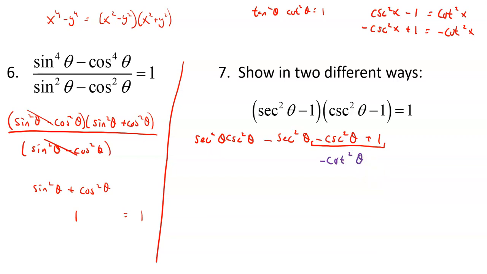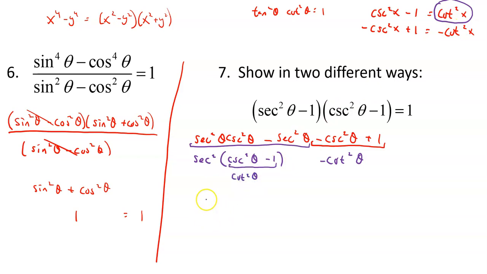All right. Well, how does that help me? Let's take a look at these first two terms over here. These first two terms both have a secant squared in them. So if I pull out that secant squared, I'm left with a cosecant squared theta minus 1. Cosecant squared minus 1 is cotan squared.